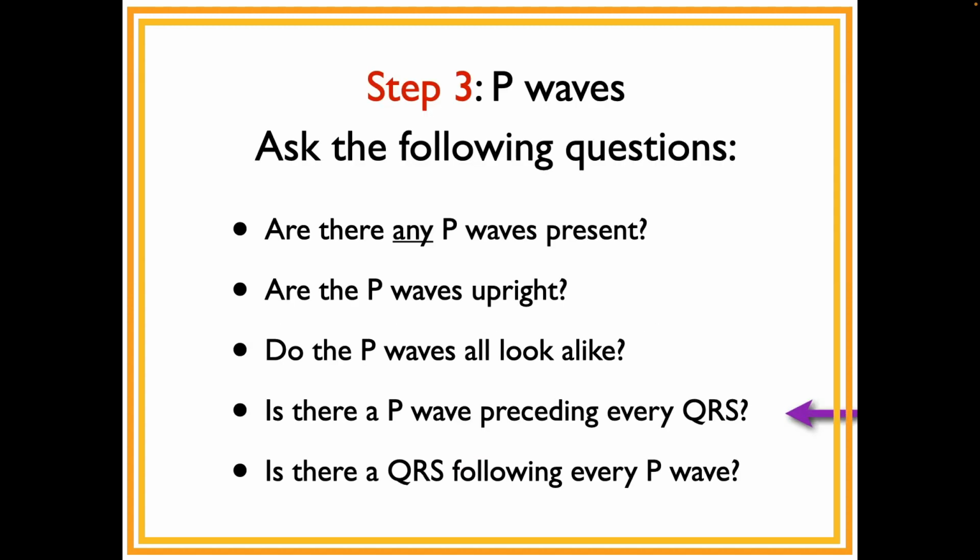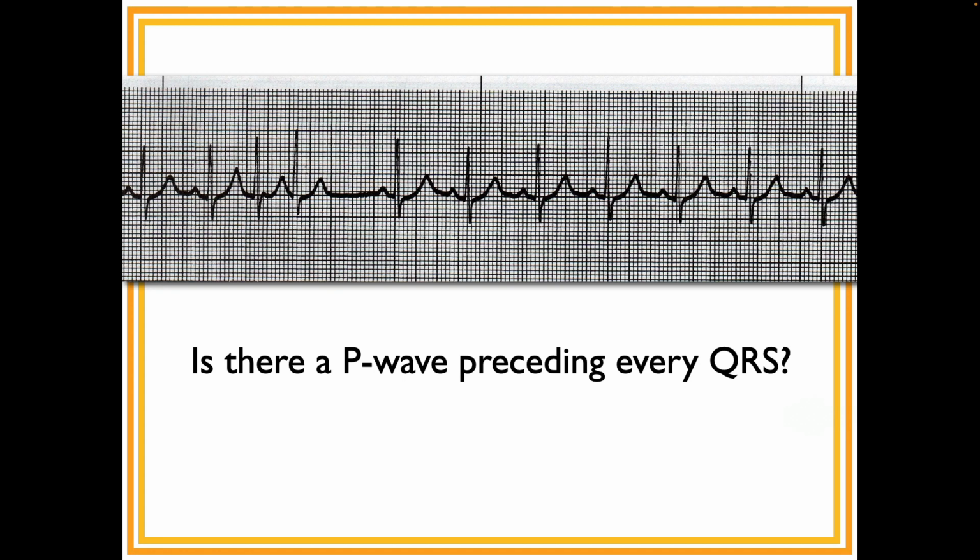And then, Koa, what about, is there a P wave preceding every QRS? No. Okay, and which ones don't have P waves?